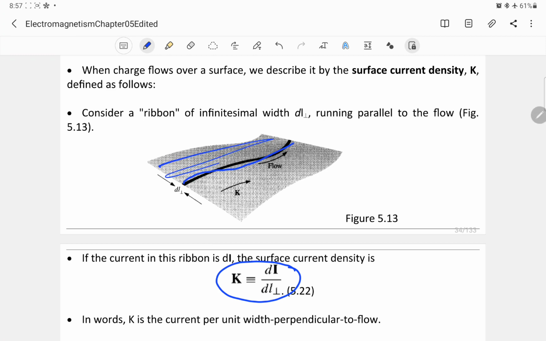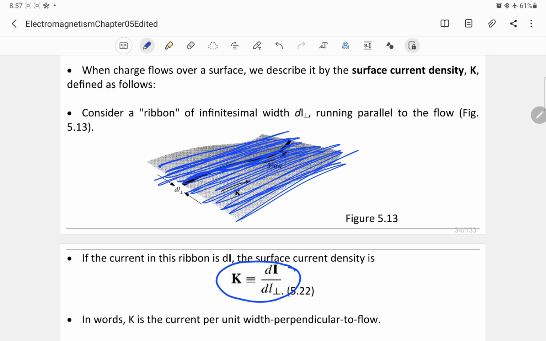The whole surface here is just like wires put side by side beside each other, and so they form a sheet.